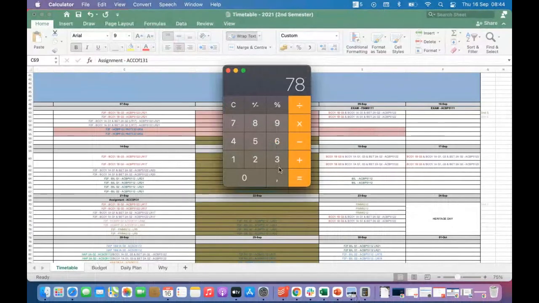Let me just quickly get my calculator. 78,340 divided by 13. What do we get? Okay, so that's what we get. The salary is 6,026 rand. Then you would take this amount and say we only want 12 months for the financial year, so times 12, because this is what you should have in your salaries and wages.